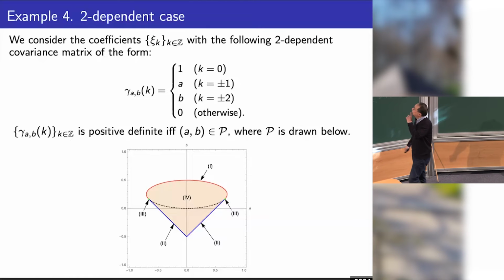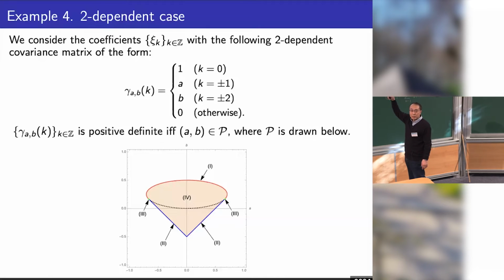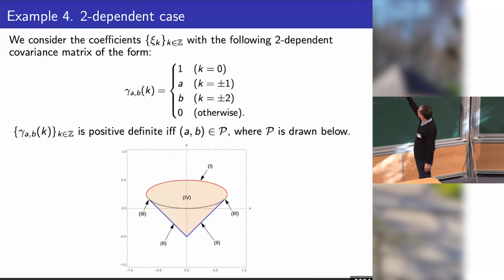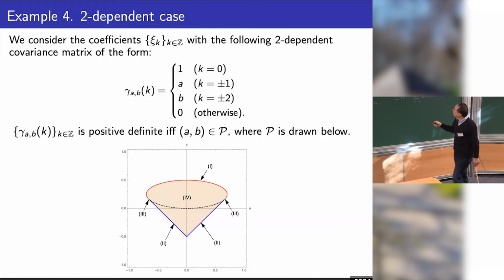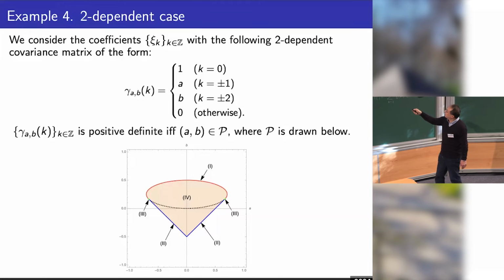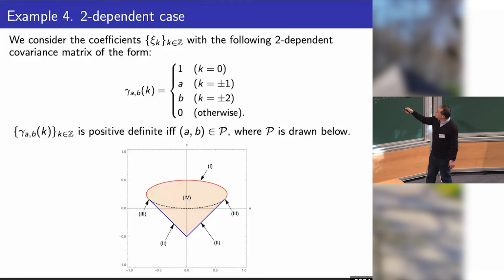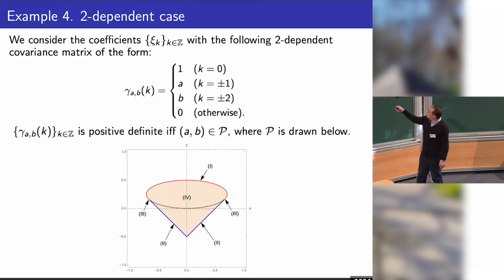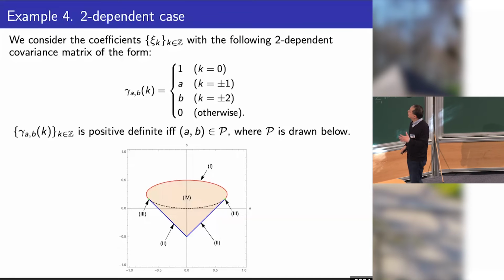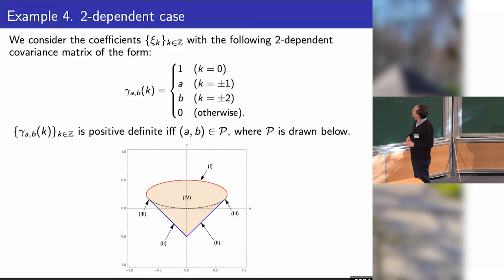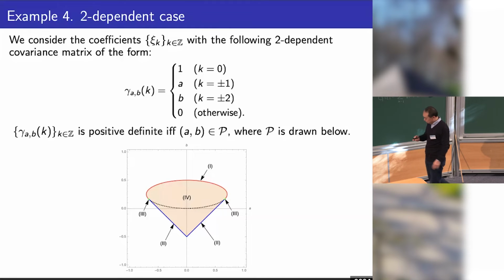Of course, for this gamma to be positive definite, (A, B) belongs to this domain. So here A and here B. If (A, B) is inside this domain, then this gamma is positive definite, so that it defines a Gaussian analytic function.